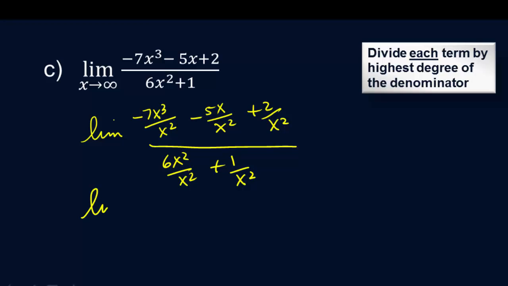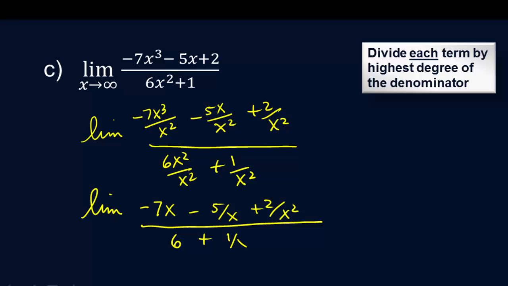Simplifying each term again, we have the limit of negative 7x minus 5 over x plus 2 over x squared, whole thing divided by 6 plus 1 over x squared.